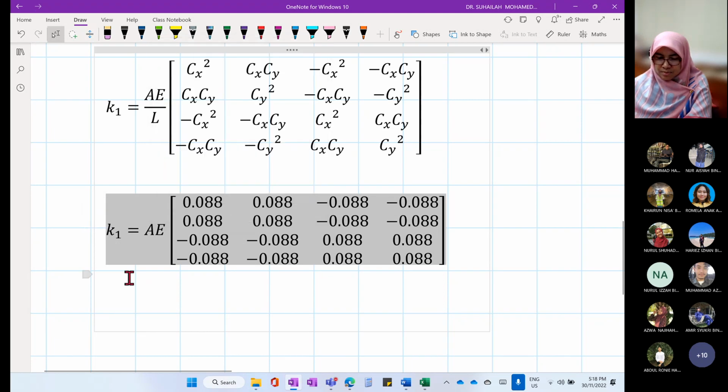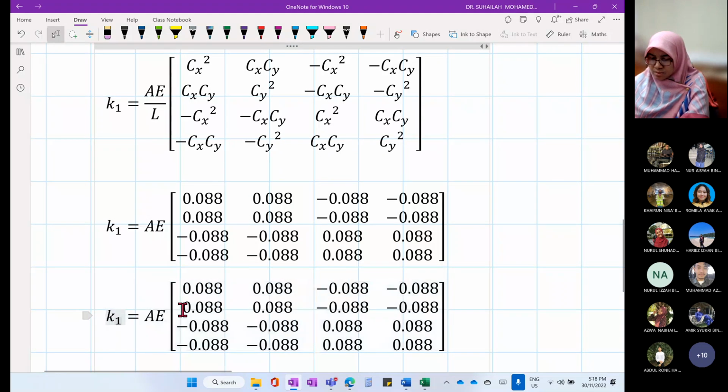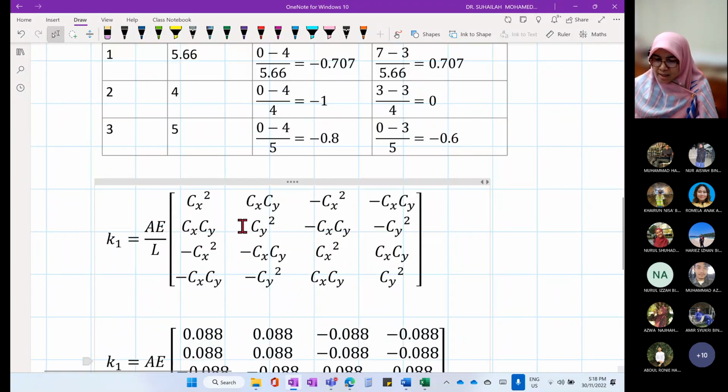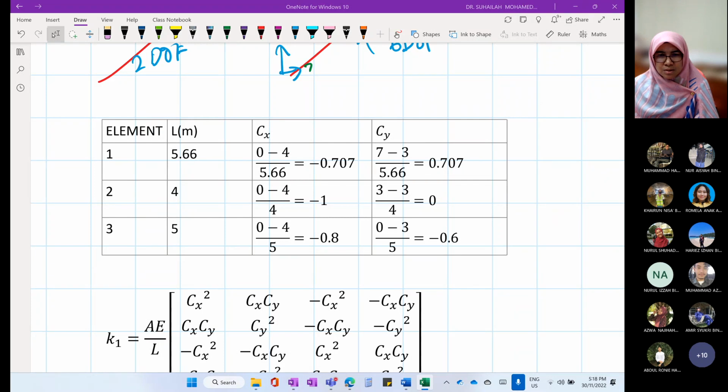Continue with K2. For K2, the length is 4. CX is -1. CY is 0.